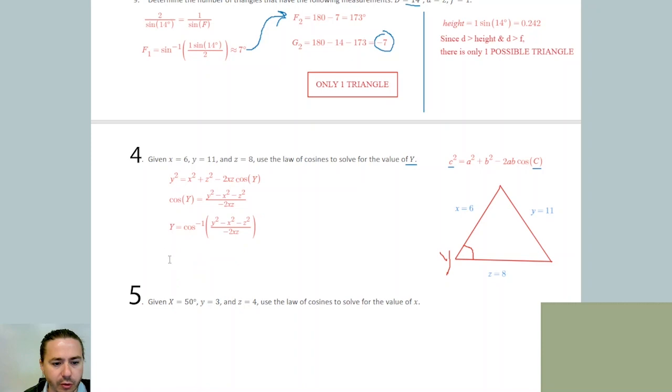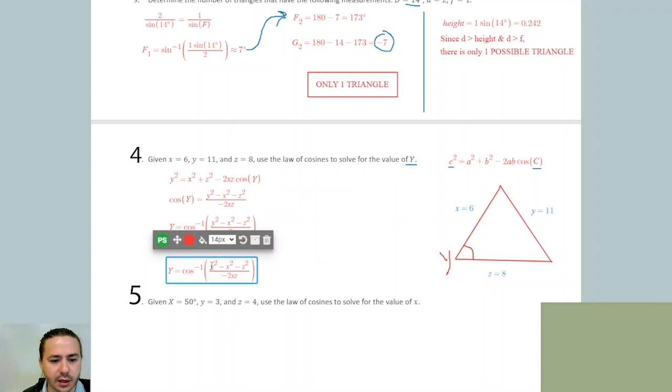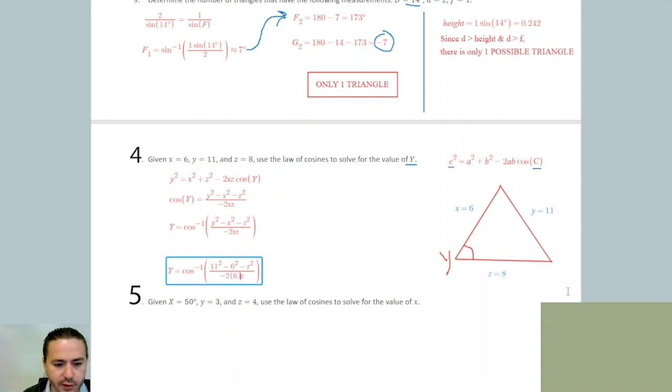Okay, so angle y will be equal to the inverse cosine of, again, copy and paste this because I just want to fill in the values here. I know all these side lengths: y is 11, x is 6, and finally z is 8.